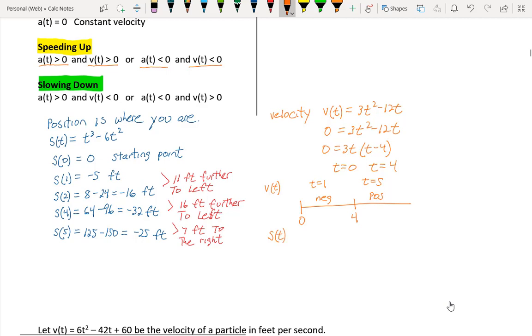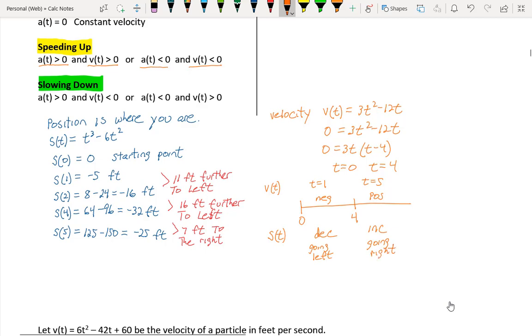It's telling us that s of t is decreasing, and then s of t is increasing. All right? When we say decreasing, we're saying basically going left. Going left. When we say increasing, we basically mean we are going right.